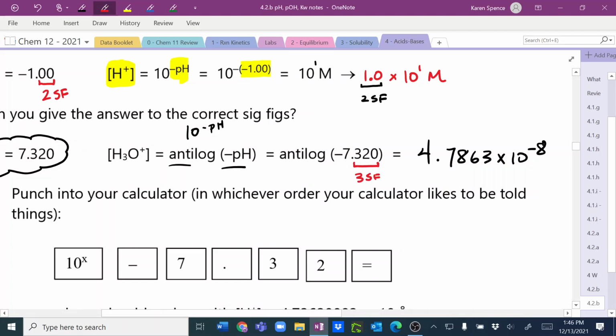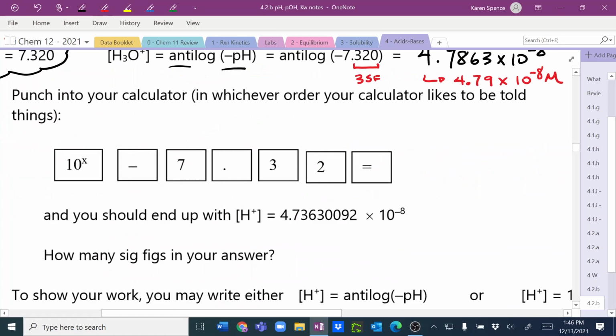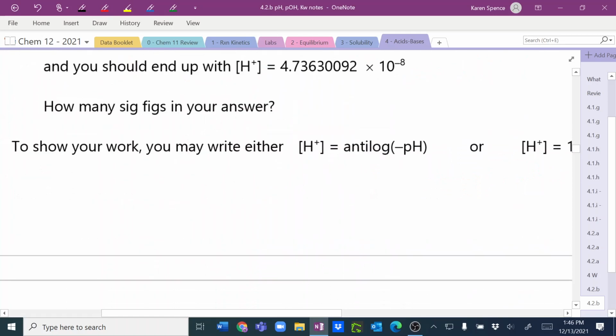So we need to have 3 sig figs, so that's going to become 4.79 times 10 to the negative 8. Am I done? Units. Concentration, so it is molar. So, anyone having trouble taking their antilog? Let me know if you have any troubles with that at all.